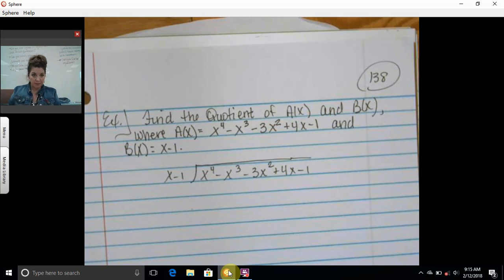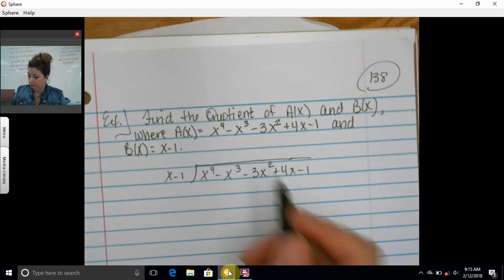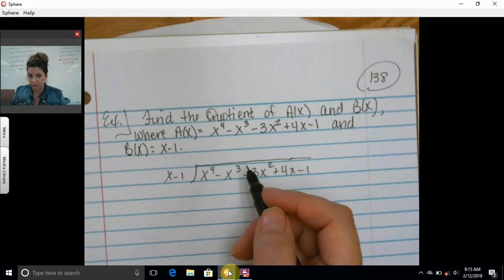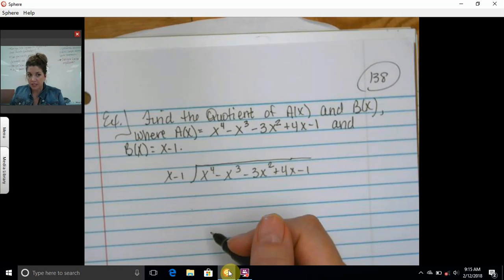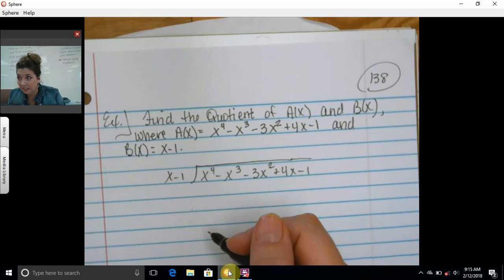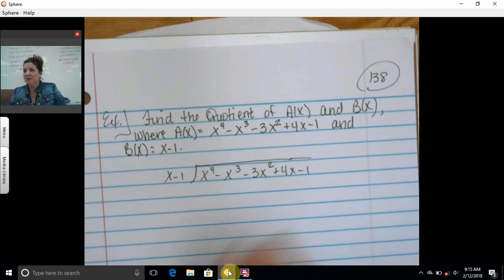Am I missing any terms? Nope. So what am I going to put behind the house? Can y'all hear me today? Nobody's answering me. So what am I going to put behind the house?